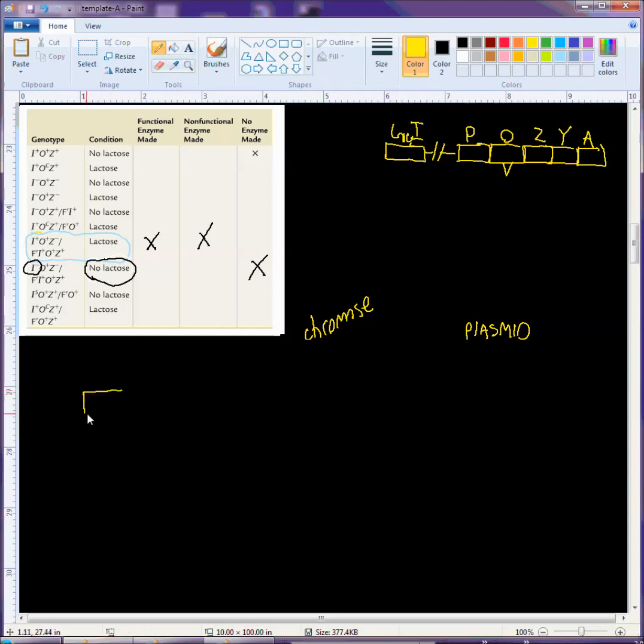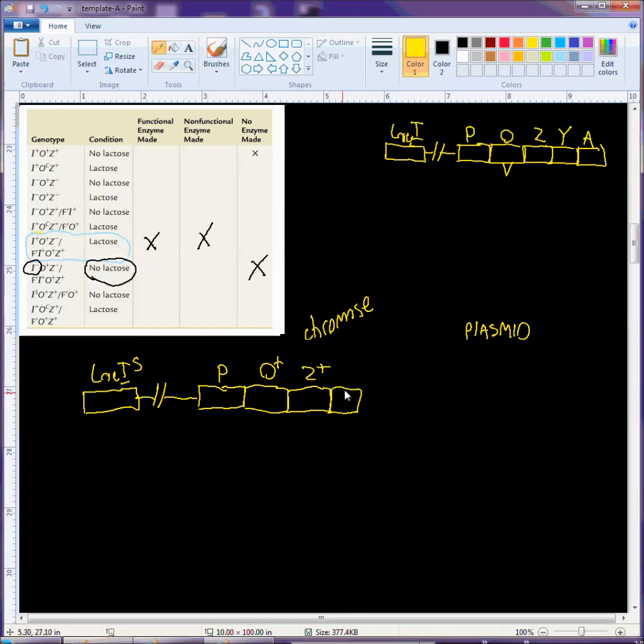Okay, so on the chromosome, we have the suppressor version of lac-I now. Then we have promoter, normal operator, and normal copy of lac-Z.